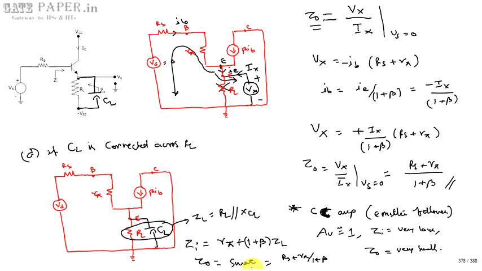Why is it the same? Because to calculate output impedance, you remove the load, that is, the parallel combination of RL and CL. Then it is the same as the previous case. So output impedance isn't affected. Input impedance is affected: it is R pi plus 1 plus beta times ZL.